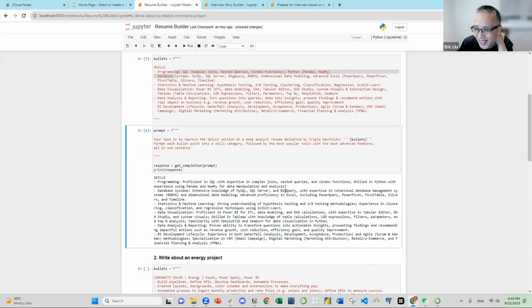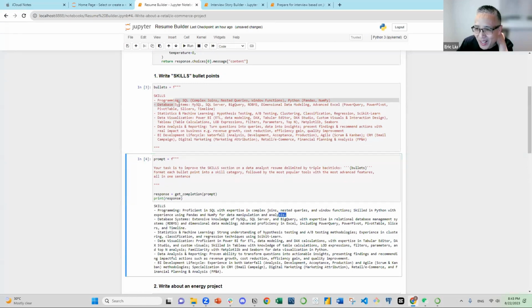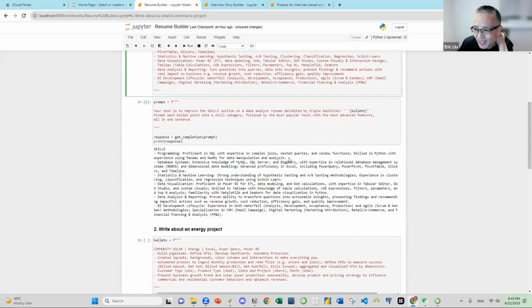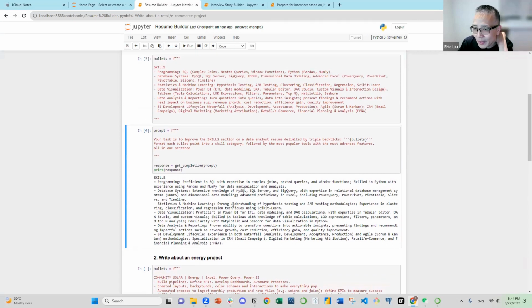I think OpenAI just took my writing and turned this into a smoother sentence, but it's largely the same. It's largely the same. A relational database management system. Okay. Well, I think this is something you could refer to, but this is definitely more words than this.